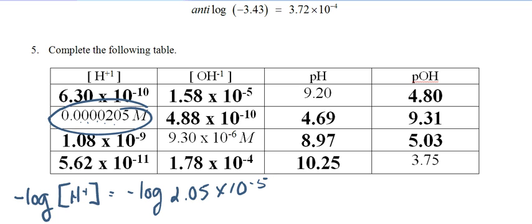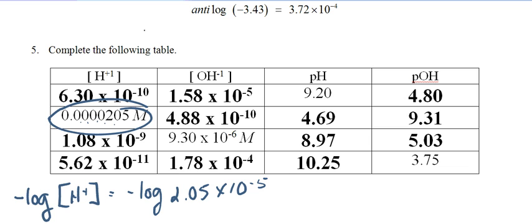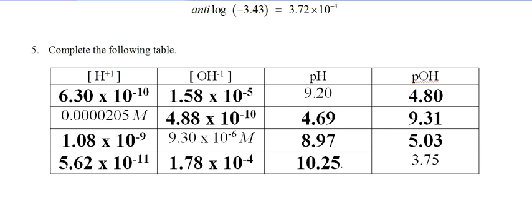So clear that out. Negative log, 2.05, 10 to the negative 5? Yeah. So 4.69, somewhere in that area. Yeah, 4.69 right here. That's how you use your calculator. If you need to see the process again, just rewind the video here and try it.